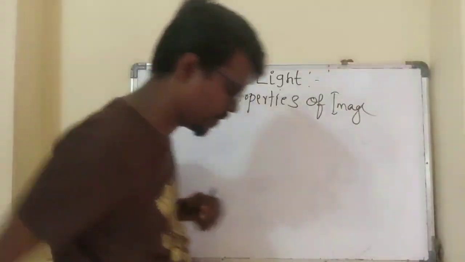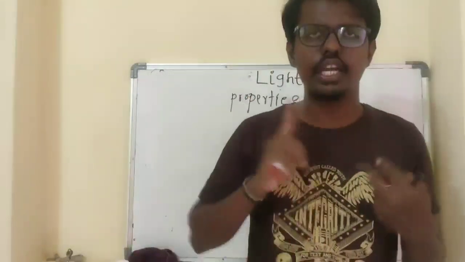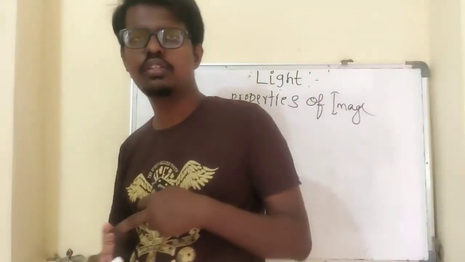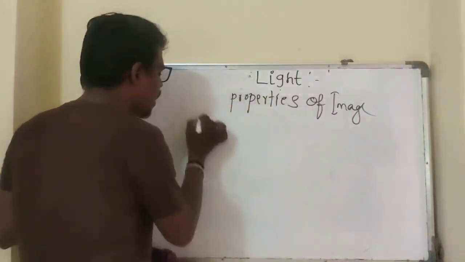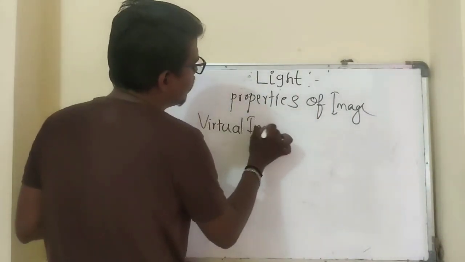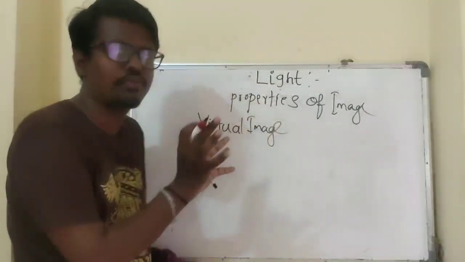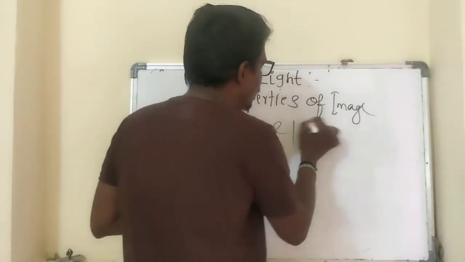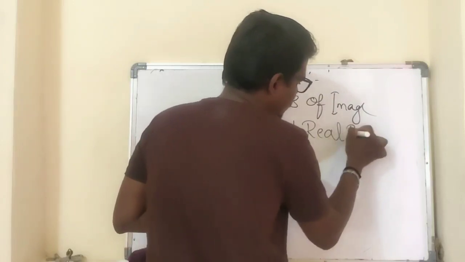There are two types of images, virtual image and real image. These are very difficult, and most students get confused in understanding these two types of images.